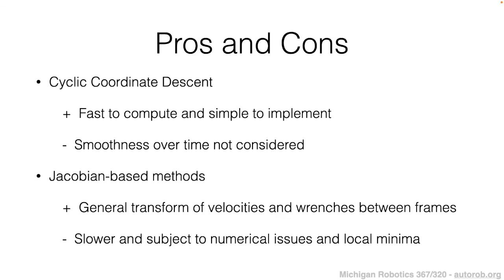The downside with Jacobian-based methods in comparison to cyclic coordinate descent is that they tend to be slower, and typically you'll have numerical issues, especially when you're implementing the pseudo-inverse method, which is going to require an inverse matrix calculation. In addition, one other downside with the Jacobian methods is that they will always find a local minimum, as opposed to necessarily a global minimum.